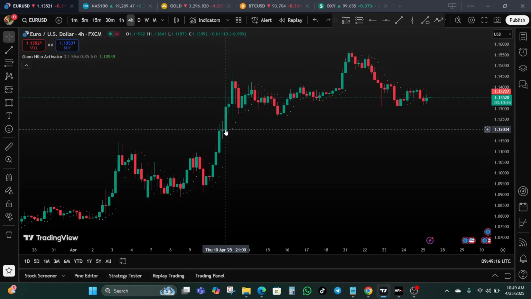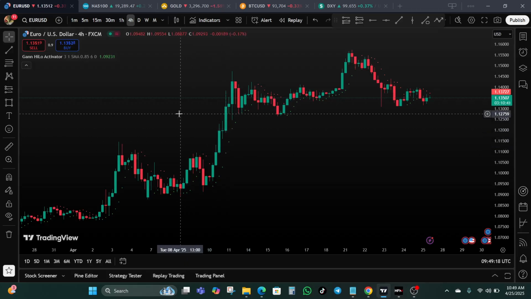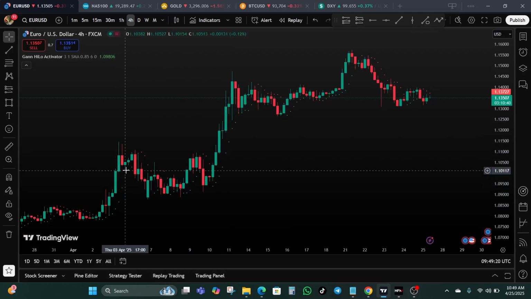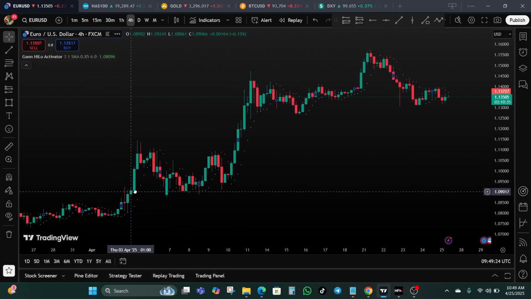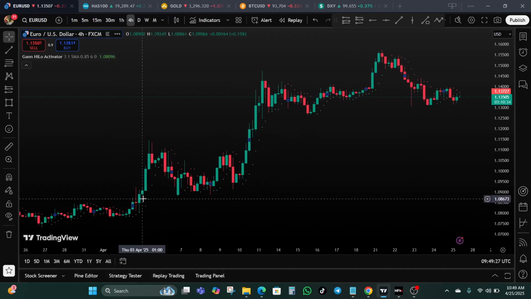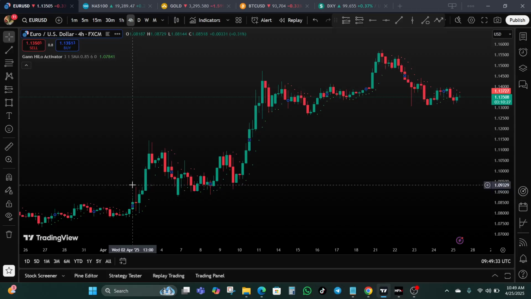So now how do you use it? If the price crosses above the Gann HiLo indicator and stays there, it's a sign that buyers are in control. This is a cue to look for long opportunities. You can pair it with bullish candlestick formations or volume spikes.